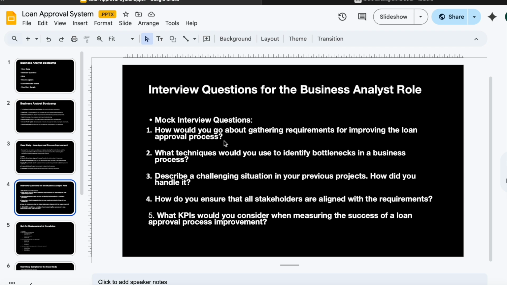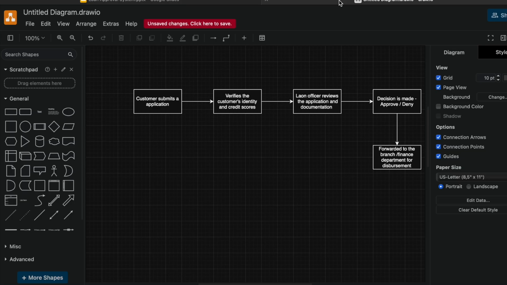Let's say I'm the one answering this. First, I would conduct stakeholder interviews, right? So we need to meet people who are working on this process. Maybe loan officers, customer service agents who take calls with the customers, the IT department.